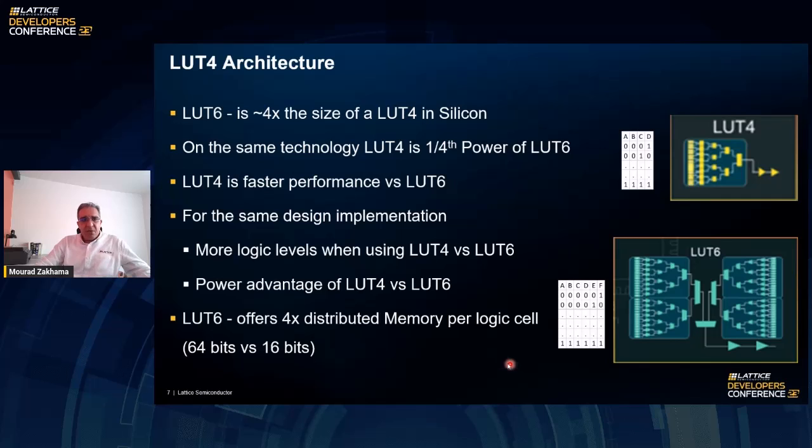So we believe that LUT4 is a very good choice for low density to mid-range FPGAs up to 500,000 logic cells. And that's why we adopted the LUT4 architecture for our Avant family that is up to 500,000 lookup tables. We still benefit from having low power by using the LUT4.